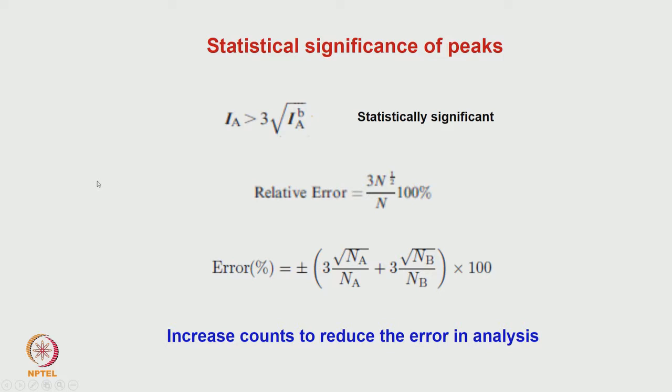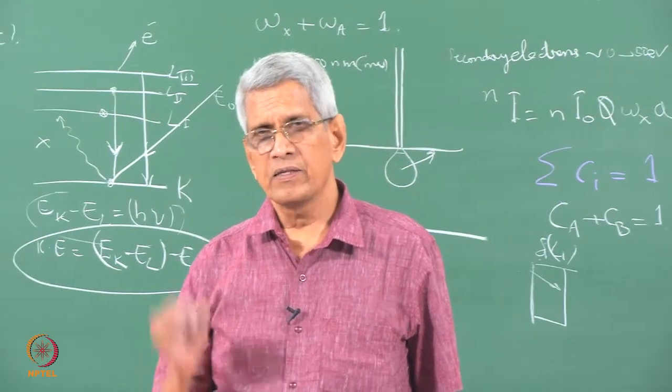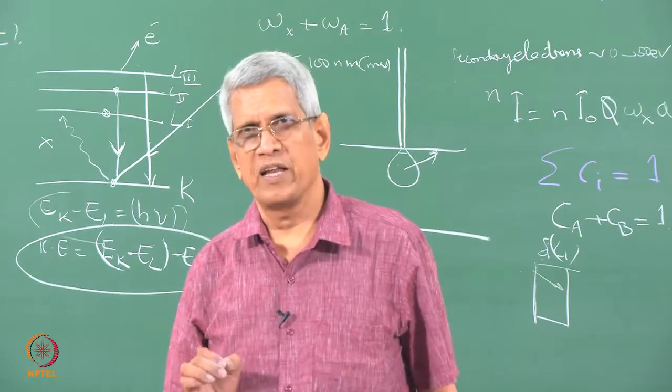This is a statistical counting process, so statistics plays a part. So far what we talked about is identifying the signal, that is, the characteristic peaks present in the spectrum which we have obtained. When do we decide that some peak which appears is not noise, but corresponds to a signal?